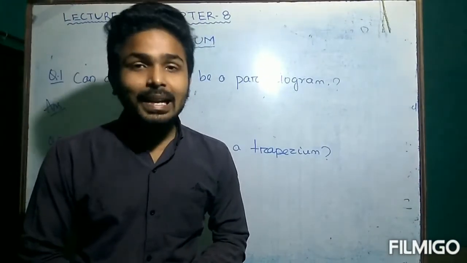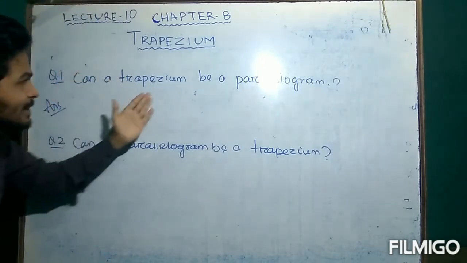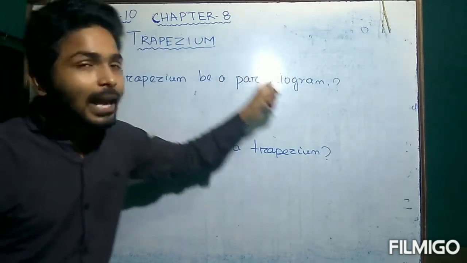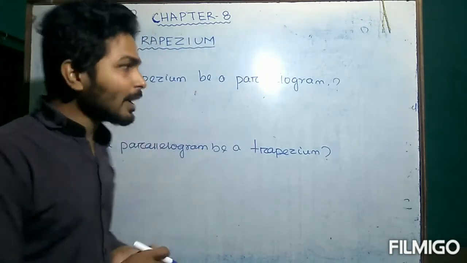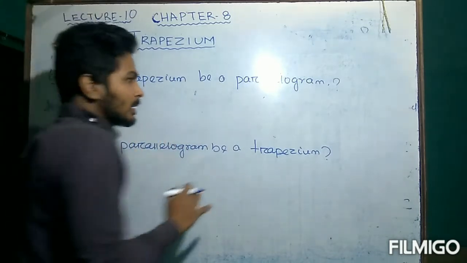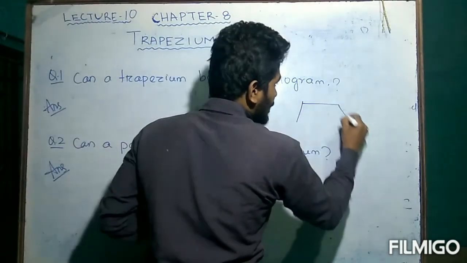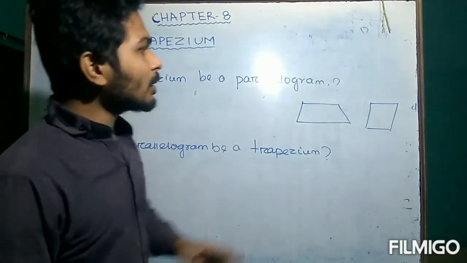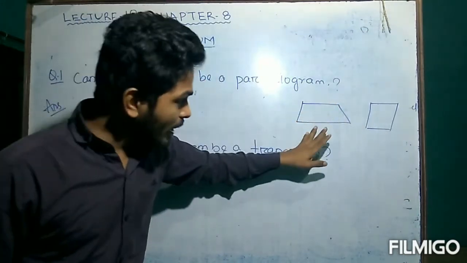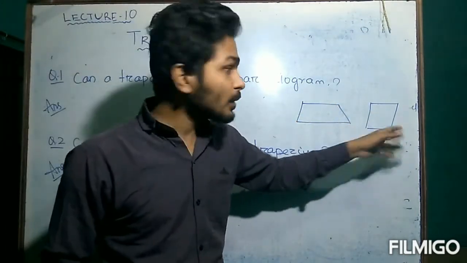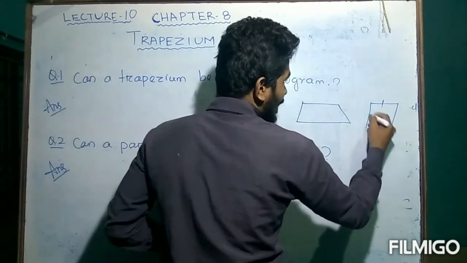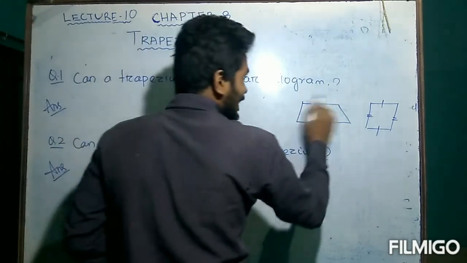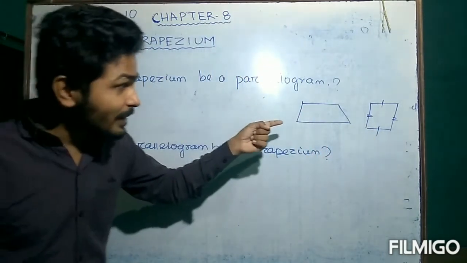The first question that arises here is, can a trapezium be a parallelogram? In order to be a parallelogram, a trapezium has to follow every property of a parallelogram. So let's verify whether this statement is true or false. A parallelogram is a quadrilateral and a trapezium is also a quadrilateral. In a parallelogram the opposite sides are equal, but here the opposite sides are not equal, so it doesn't satisfy the second property.